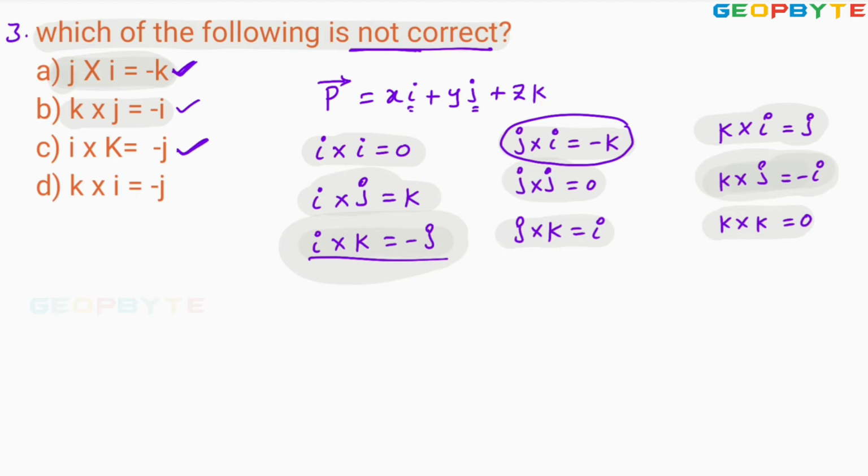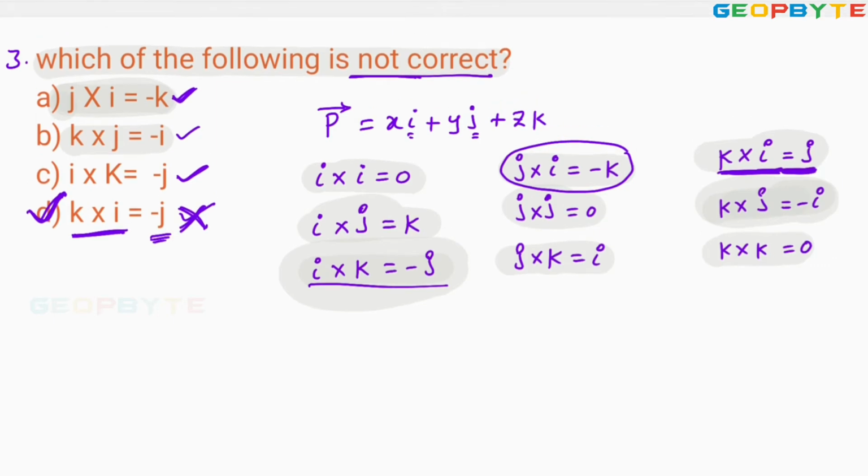Cross product of k and i equal to minus j? Cross product of k and i equal to j, not minus j, therefore this one is the incorrect statement. Since it is the incorrect statement, our answer is option D.